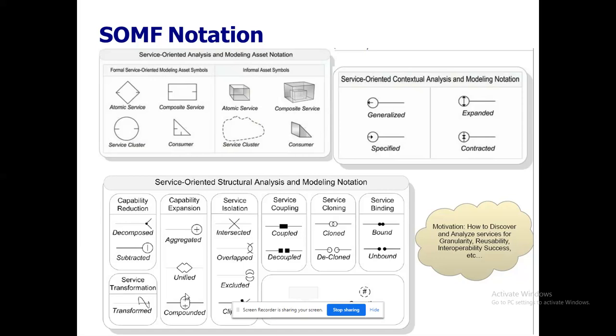So capability reduction. Capability reduction means that a particular service is having three functionalities. In that case, if I want to modulate those three functionalities of one web service into one function, I have to use decomposed. Subtracted.